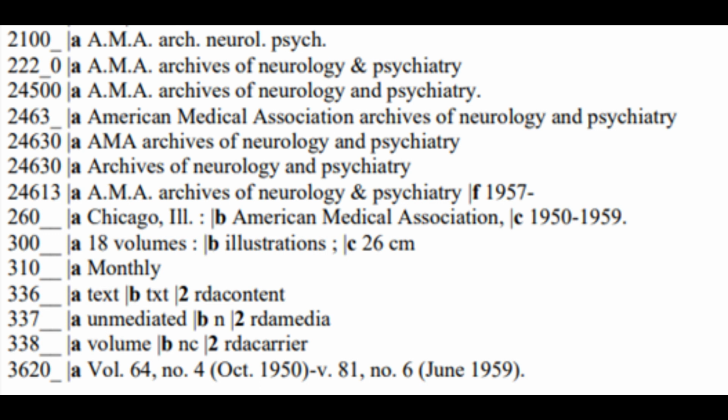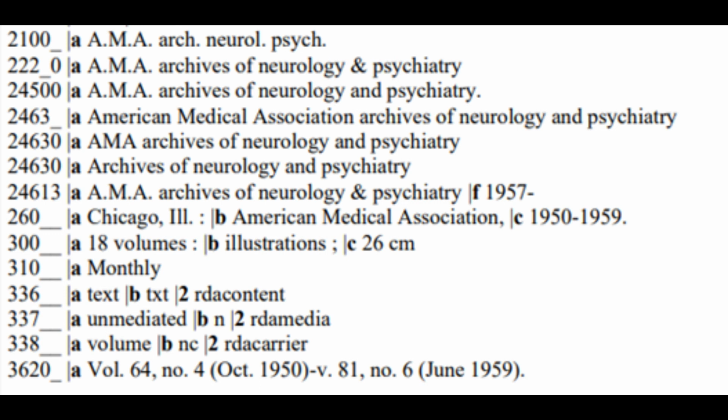Okay, so next is tag 245. You have there the complete title, and then in tag 246, that is the variant title in which AMA is being spelled out. It's American Medical Association Archives of Neurology and Psychiatry.